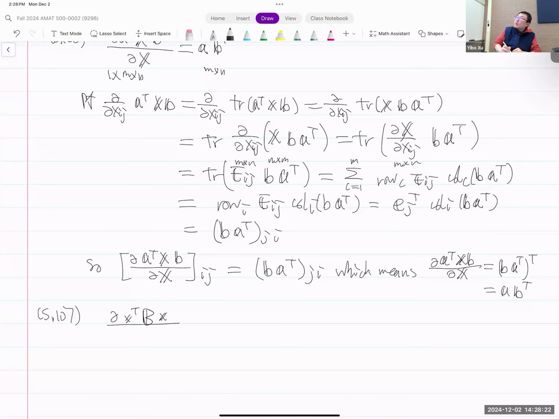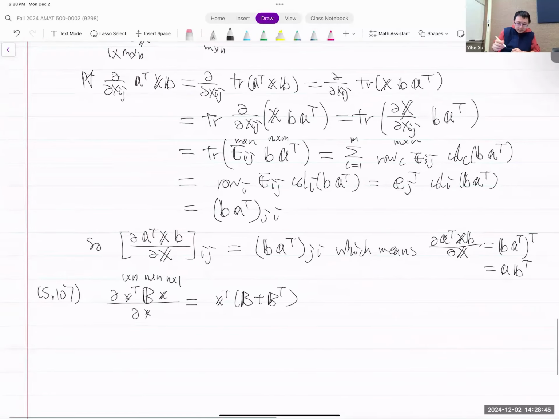So this is a scalar. b is n by n, x is n by 1, x transpose is 1 by n. So this is 1 by 1. So del x as a vector. So this gives you x transpose b plus b transpose.